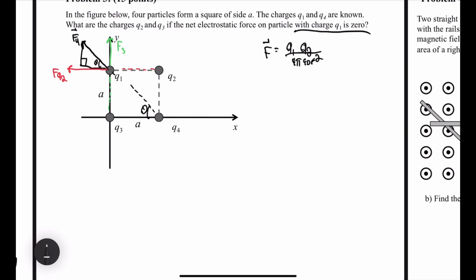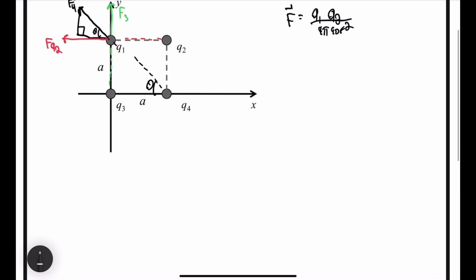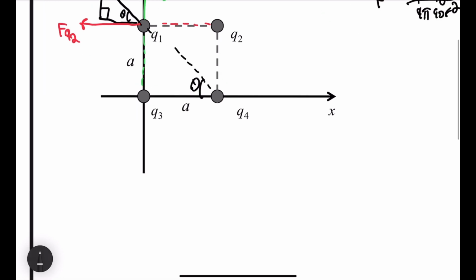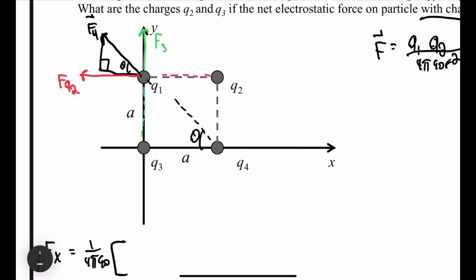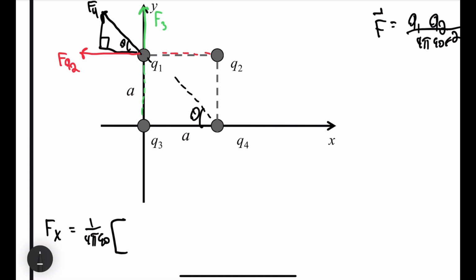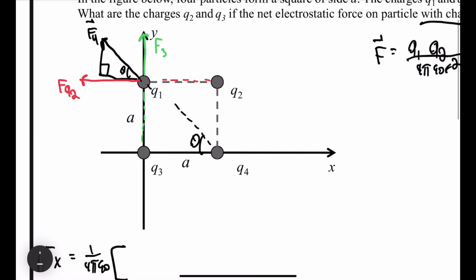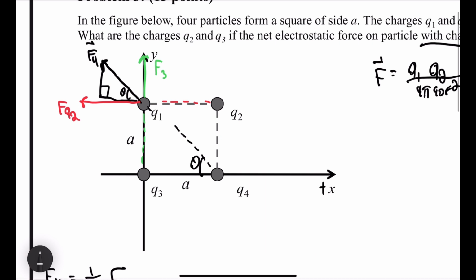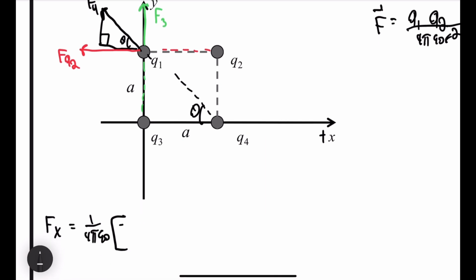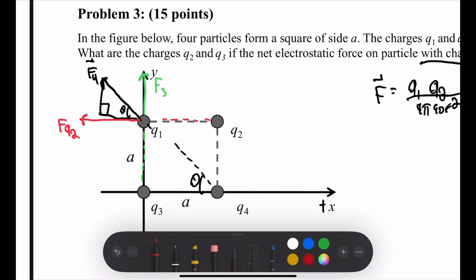Okay. So now we need to group up our x and y components of the force. So I'm going to say F of x is equal to, I'm going to pull out the constants, 1 over 4 pi epsilon naught. And now let's see, I have 2 x components. I have the Q2 one and the one in my Q4. So let me start with Q2. If this way is the positive x direction, I see that it's going in the negative x, right? So it's going to be negative Q1, Q2 divided by the radius of the red one, right?